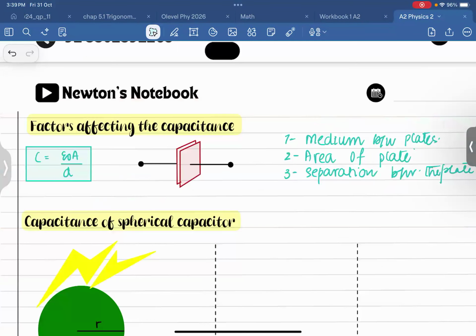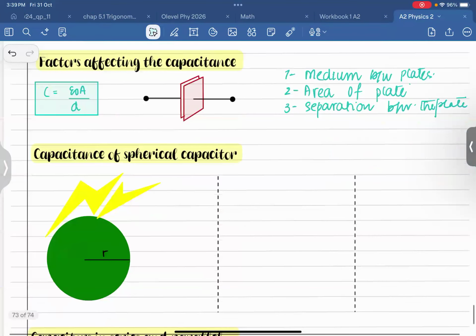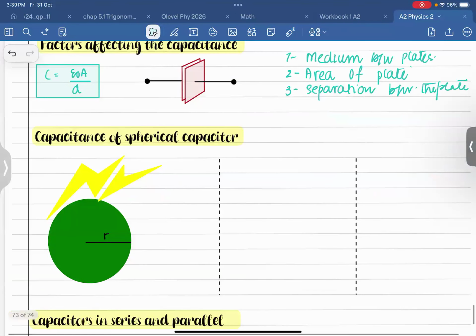Fine. Now, moving on to a very small concept, the second type of capacitor, the spherical capacitor. It is very small in concept. It is mainly connected with the previous chapter, but in this chapter they sometimes give it as a 1 or 2 mark question.